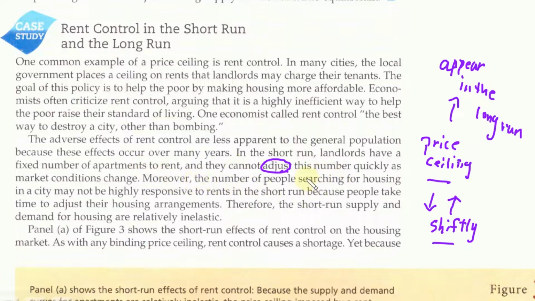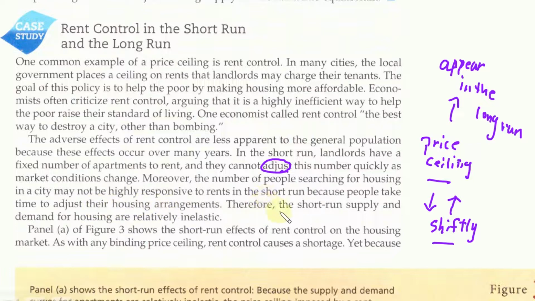Moreover, the number of people searching for a house in the city may not be highly responsive to rent in a short time, because people take time to adjust to their housing arrangement.